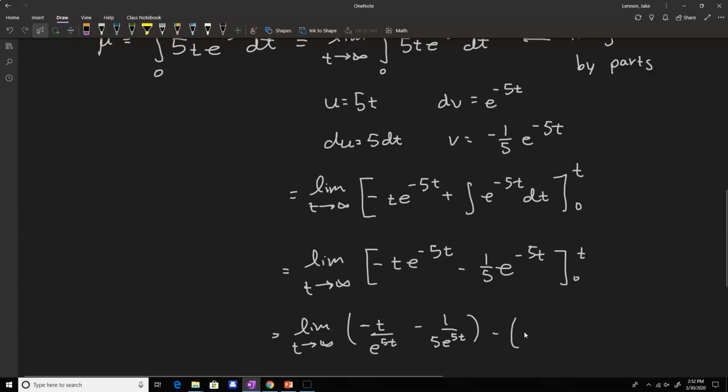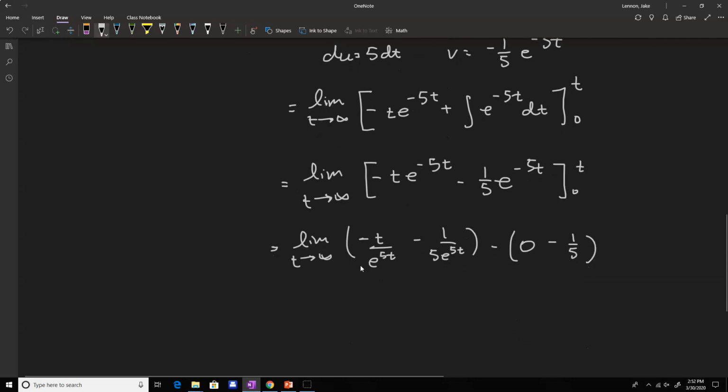If we plug in 0 for t, the first term is 0, and then we get minus 1/5. So what's going on? Well, exponentials, as we know, go to infinity really fast. So the denominator of each of the expressions in the first pair is getting very large. So this term goes to 0 and this term goes to 0. So all we're left with is the negative 1/5, which comes out to 1/5.